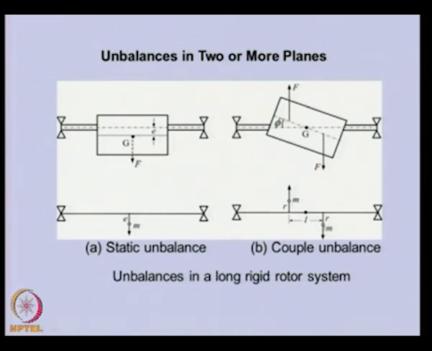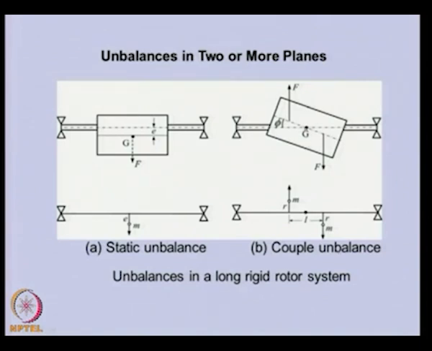So, obviously, we need to balance this rotor by two planes. Single plane balancing will not be enough, and when the center of gravity is at the center, a pure couple will act, and that is why we call this couple unbalance.